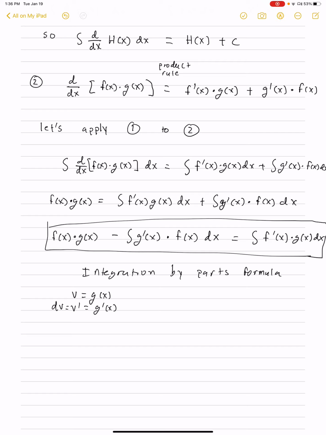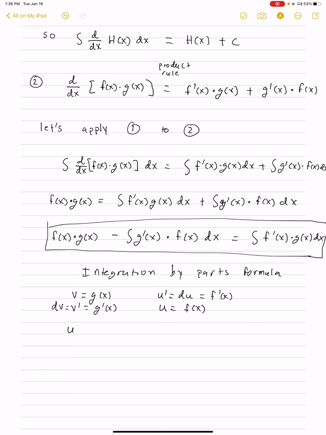And this means that u prime, which is du, is equal to f prime of x. So u is the antiderivative of f prime of x, and that's just f of x.